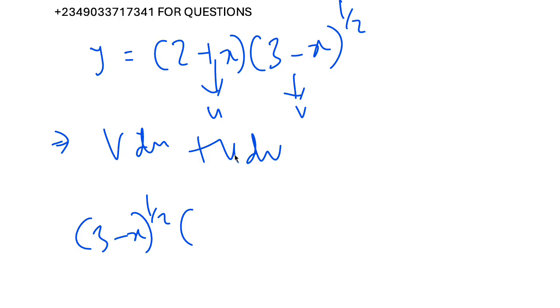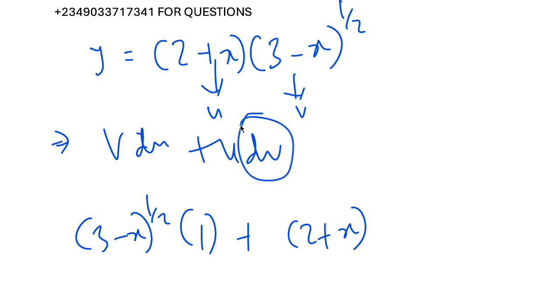The differential of 2 is 0 because it's a constant. And then plus u, which is 2 plus x, times dv. Are you seeing where the problem now comes? We now have to differentiate v to get dv. That means we have to differentiate 3 minus x to the power half.